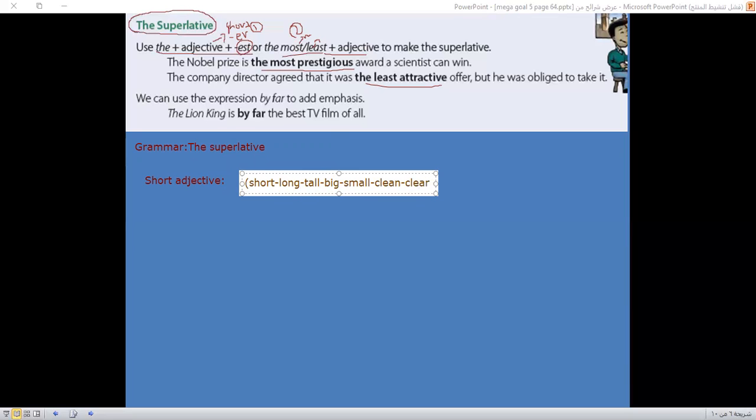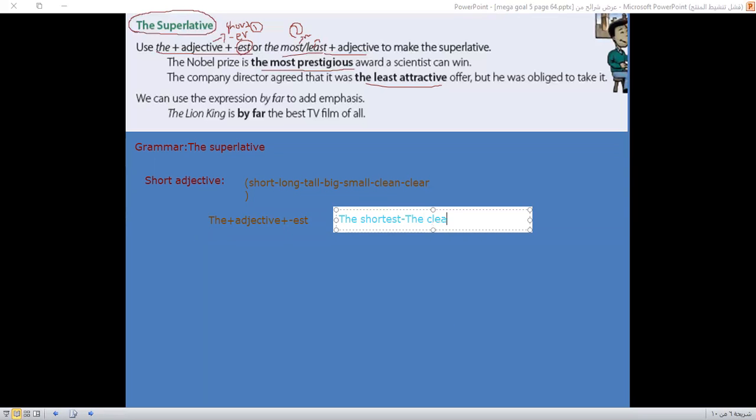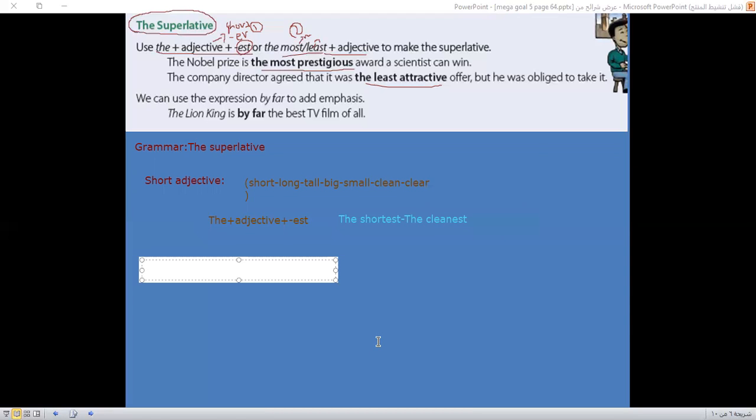All of those are short adjectives. And if I'm going to use the form, I'm going to have the plus adjective plus est. So it's going to be the shortest, the cleanest, for example.